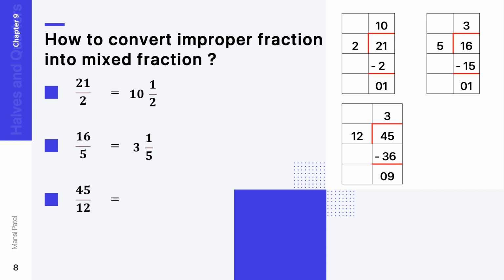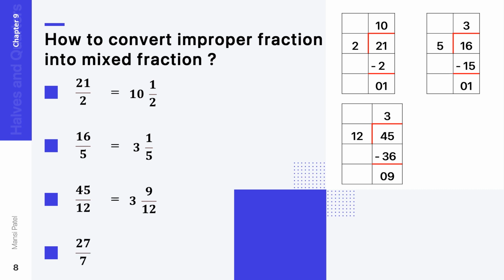Then you have to write down the remainder. Your remainder is 9. And then you have to write down your divisor. Your divisor is 12. So 3 integer 9 upon 12, that is the number name, or we can say that 3 and 9 twelves. That is the number name for this mixed fraction.